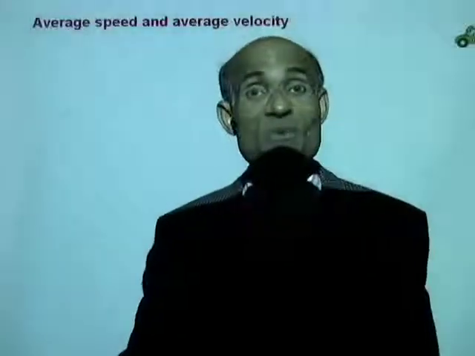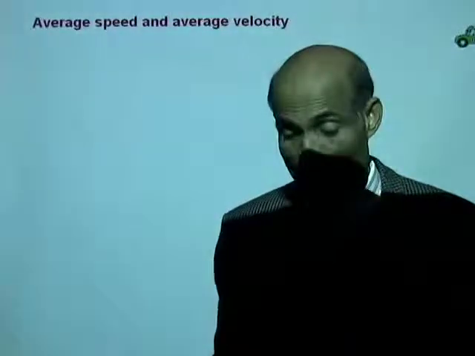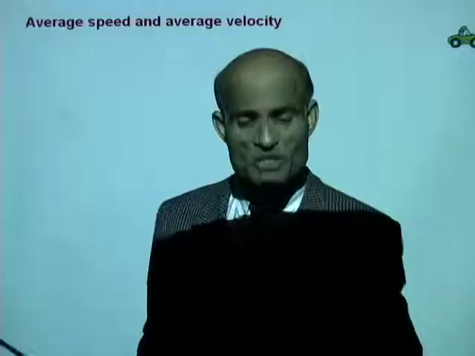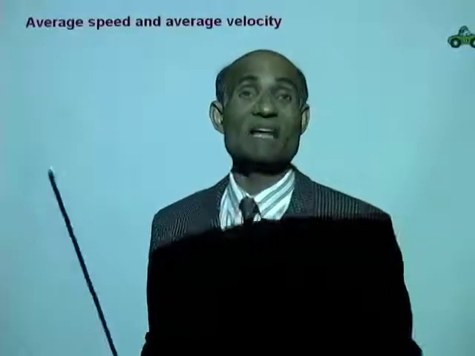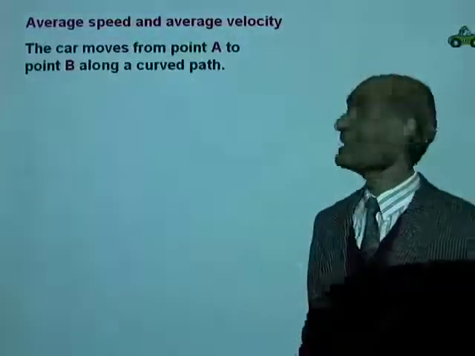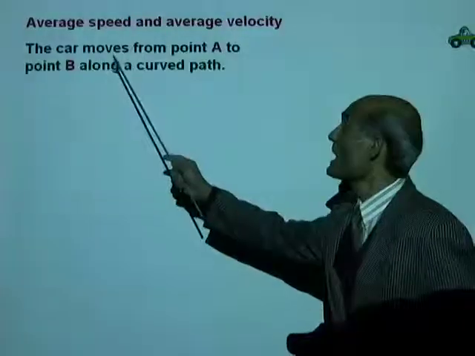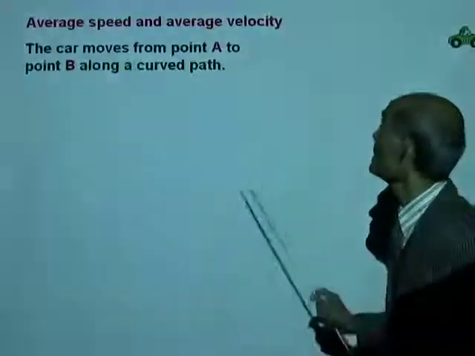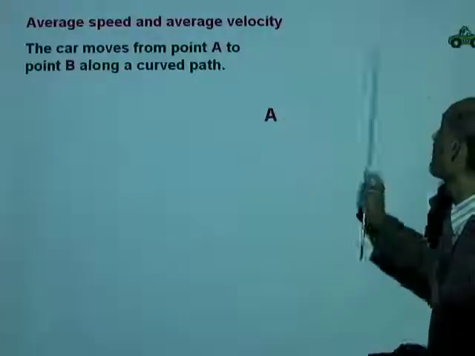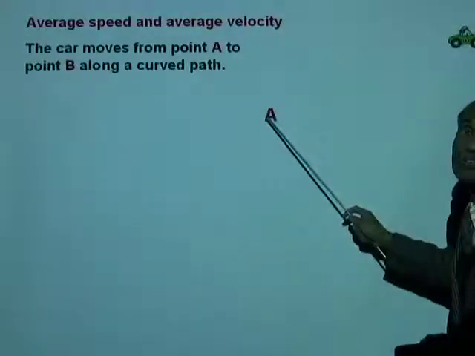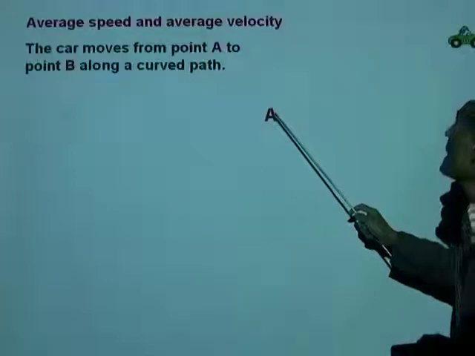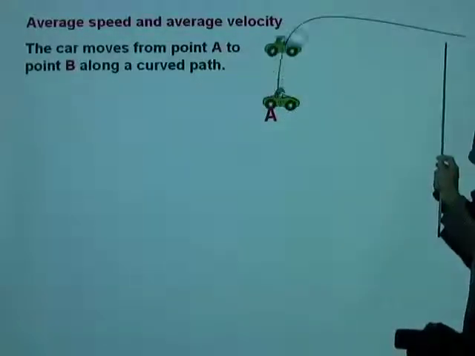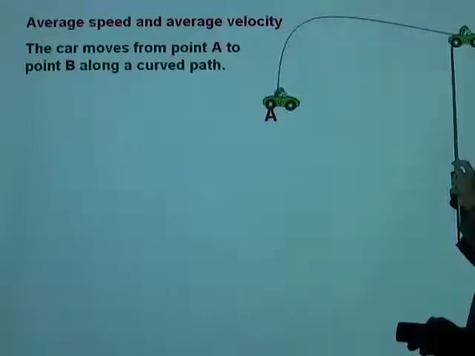Well, now let's distinguish between average speed and average velocity. What is the difference between speed and velocity? Let's assume that the car moves from point A to point B along a curved path. This is the car which is originally at point A, and it moves to point B along this curve.